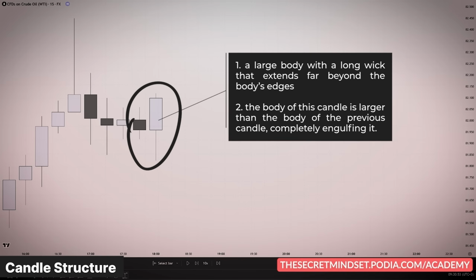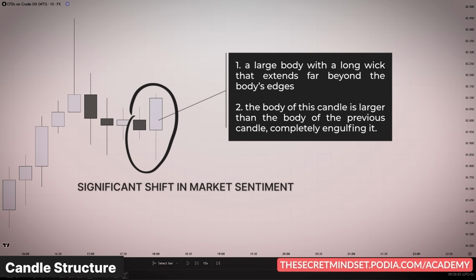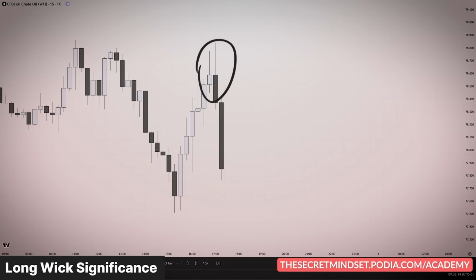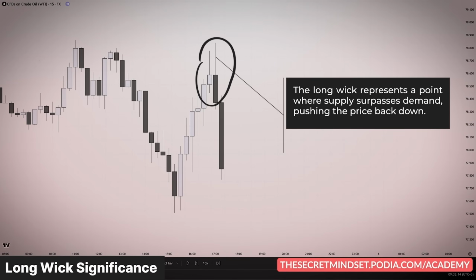The engulfing part means that the body of this candle is larger than the body of the previous candle, completely overshadowing or engulfing it. This visual on your chart is your first clue about a significant shift in market sentiment. The long wick represents a point where supply surpasses demand, pushing the price back down, or vice versa, depending on the direction of the wick.